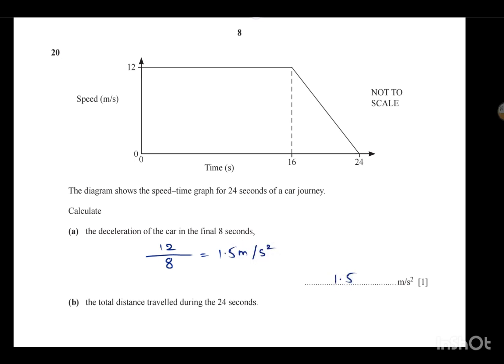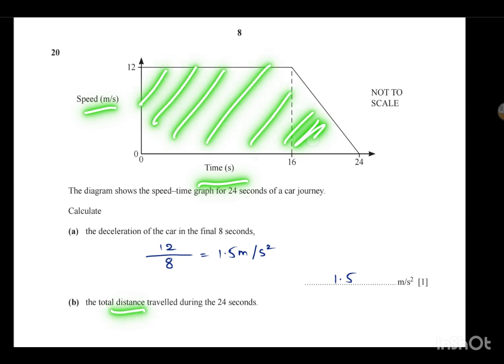Question B: the total distance travelled during 24 seconds. In a speed-time graph, to find the distance you have to find the area under the graph. We can see one rectangle and one triangle.